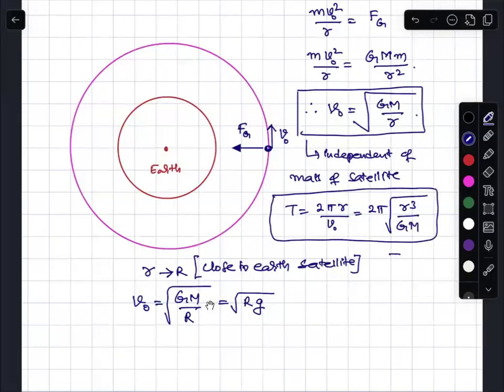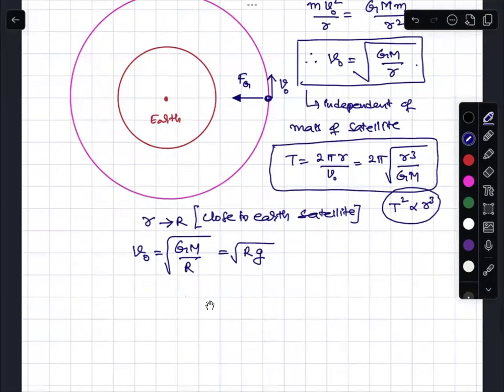So you can confirm this as T square proportional to r cube. If it is a close to Earth satellite, r tends to R, T becomes 2 pi root R cube by GM. This is nothing but 2 pi root R by g.